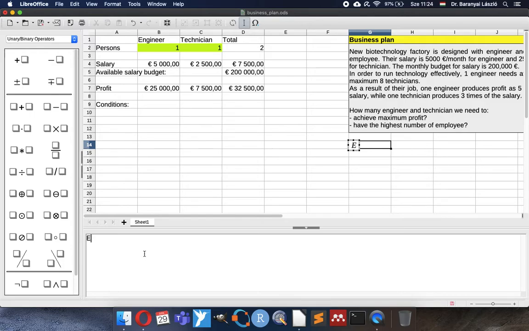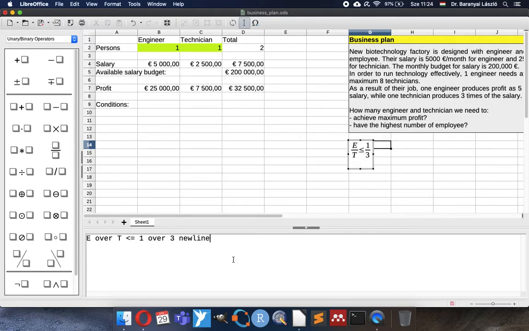So the engineers over technicians, if we calculate it, is 1/3, if we have exactly the ratio of 1 engineer and 3 technicians. If we divide their numbers, the ratio will be 1/3. But we need at least 3. It means that the number of technicians can be higher, so the ratio will be lower than 1/3.